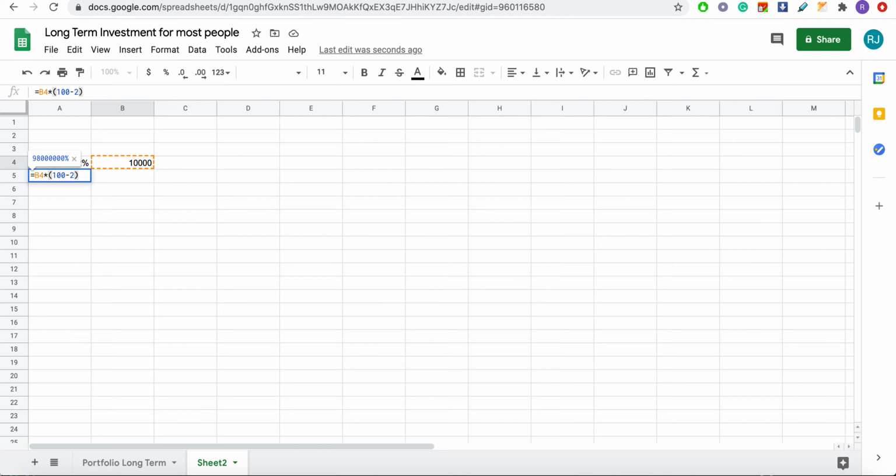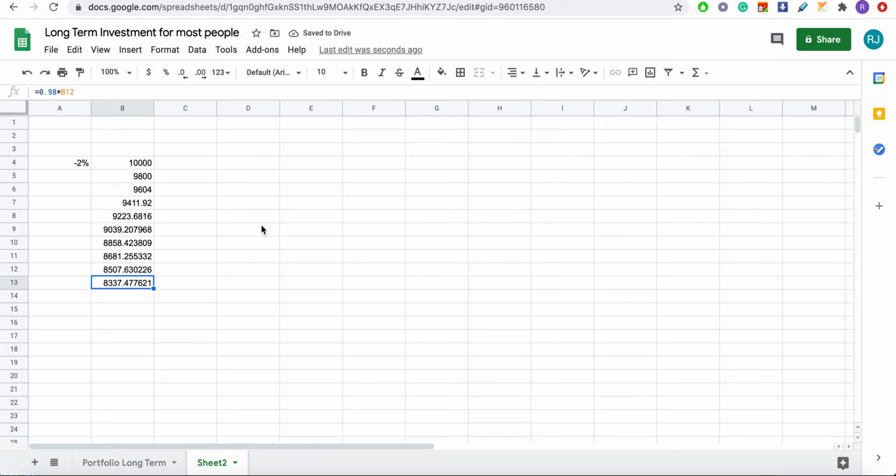I could just do 98%, so each year that's 98%, equal to 0.98 times this. Your 10,000 will be this, and it will be this, year 1 2 3 4 5 6 7 8 9 10.